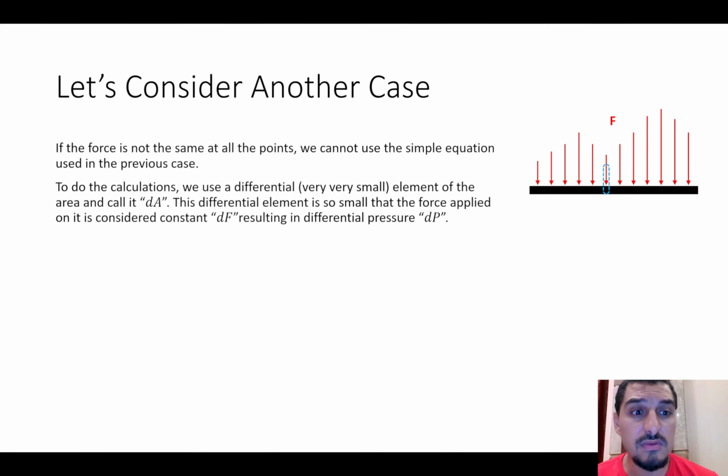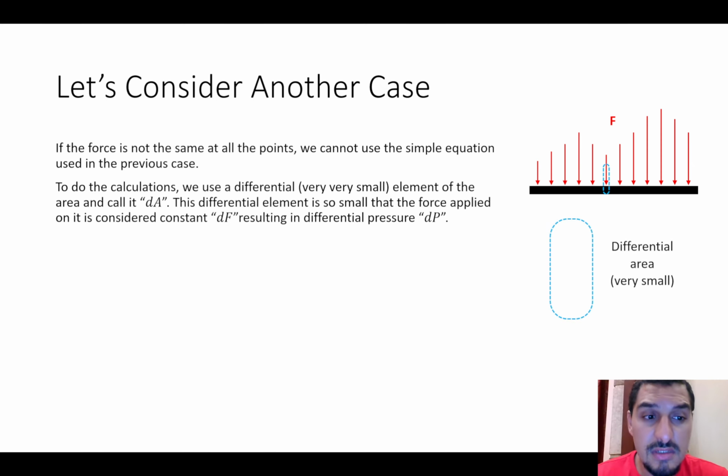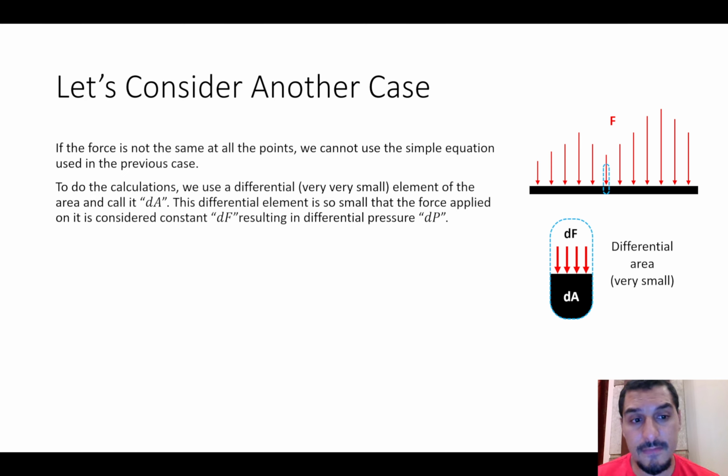When we take this differential area, we can consider that this area is very small, so the force over this area is homogeneous. Let's say you are taking 1 micron square of this area. This is a very small area, so there is no chance that the force is going to change in this small area.